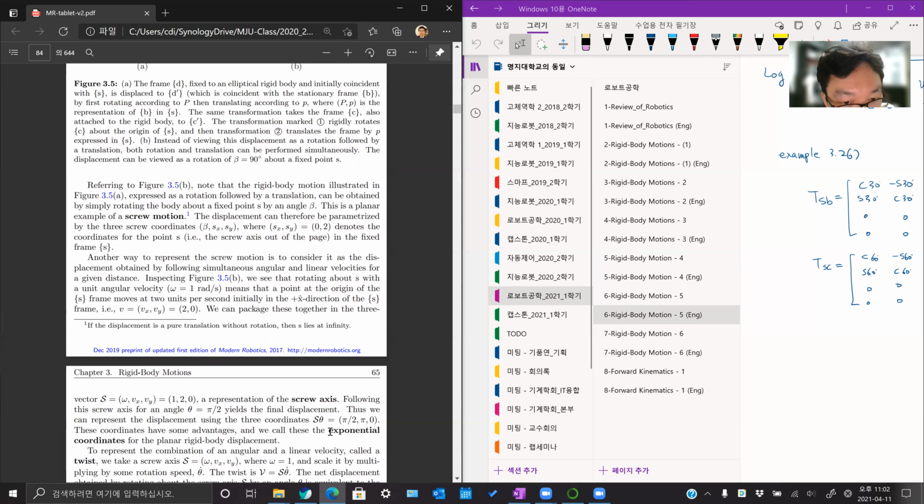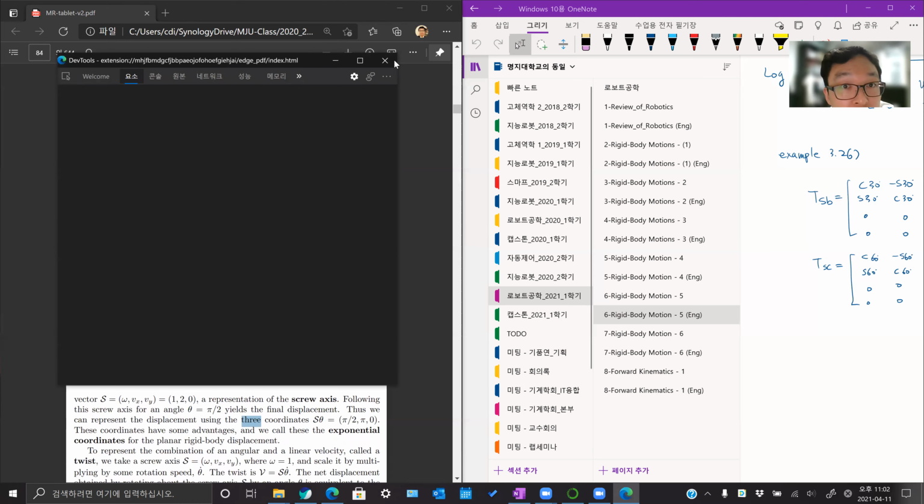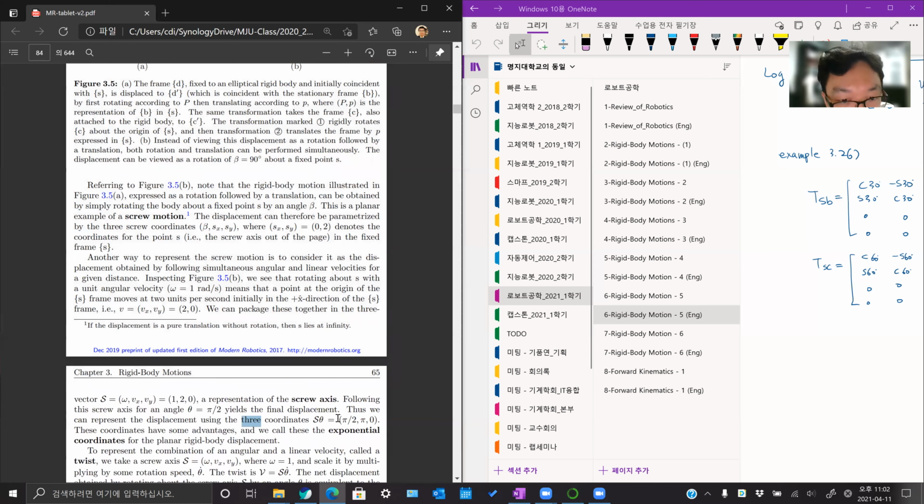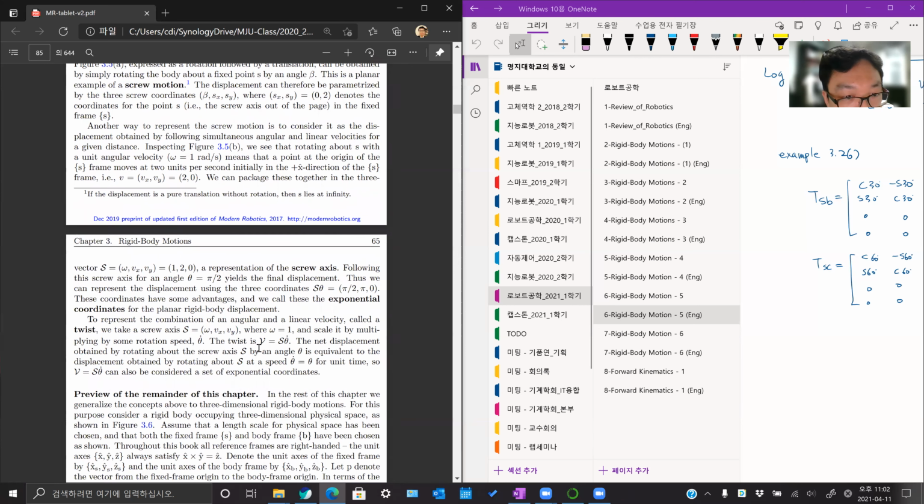And this one is exponential coordinate. So by using this information, we can get the homogeneous transformation matrix. And actually, this concept came from when the omega equals 0.